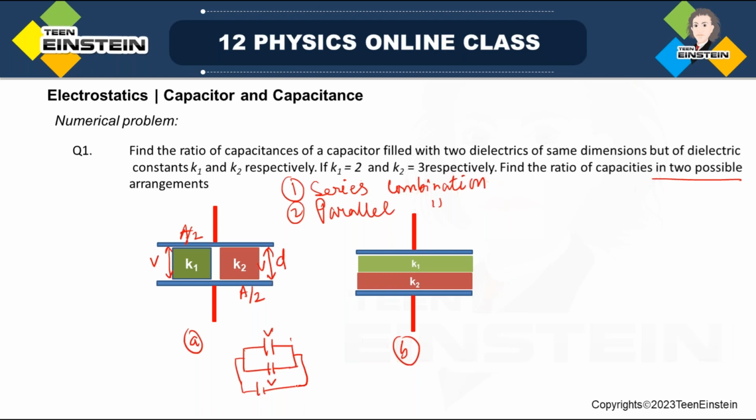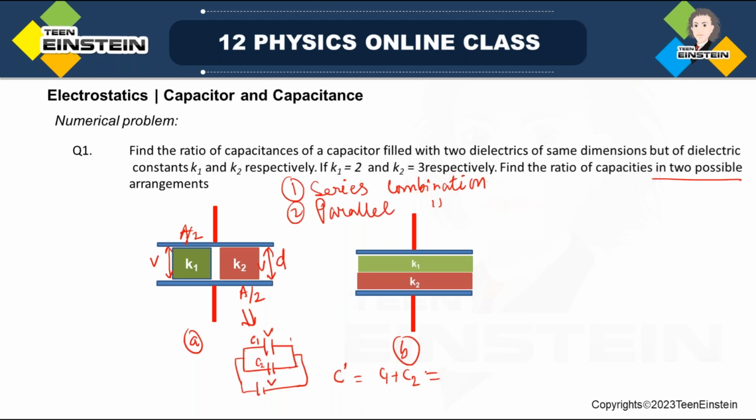So we get two capacitors having capacitance C1 and C2. They are in parallel combination. This is an equivalent circuit diagram for this particular capacitor. The equivalent capacitance, suppose I write it as C prime, will be C1 plus C2.